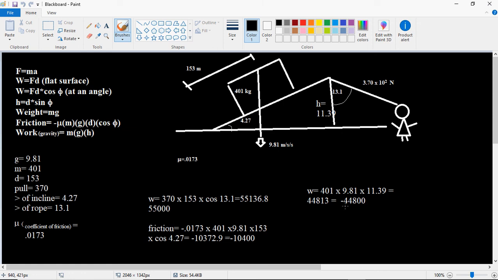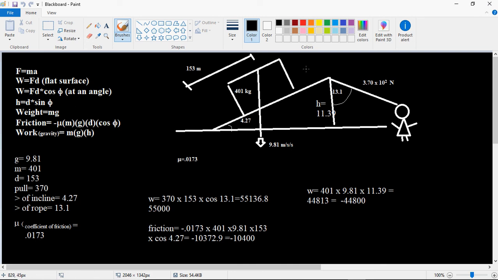Now the work of gravity is not always negative. It's negative in this case, but it's not always negative. And here's an example why. Pretend this was a round rock on this plane. Well, gravity would make it naturally want to roll down the hill, right? But we're trying to pull this cart up the hill.